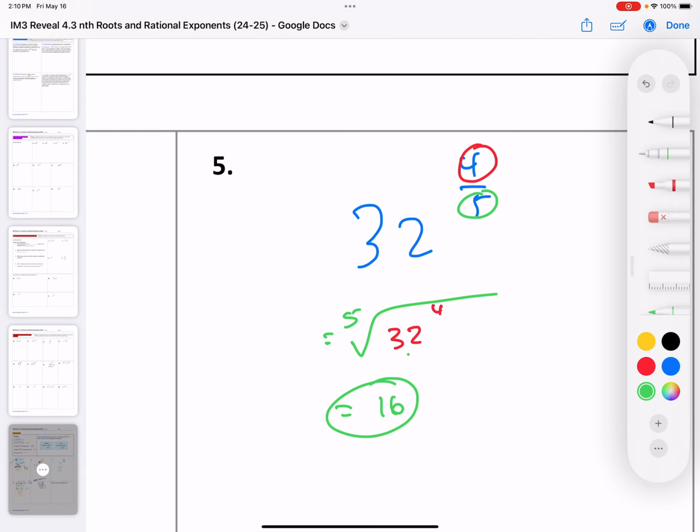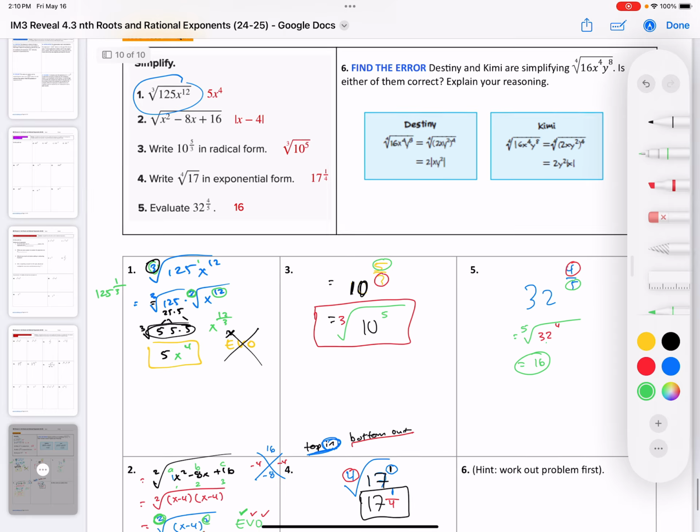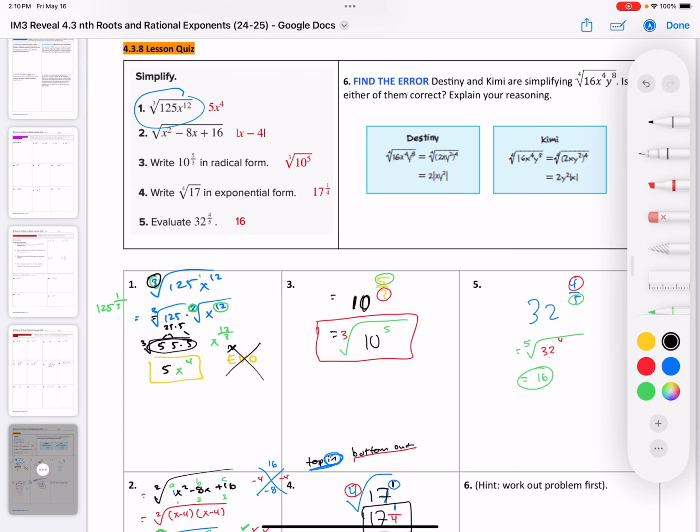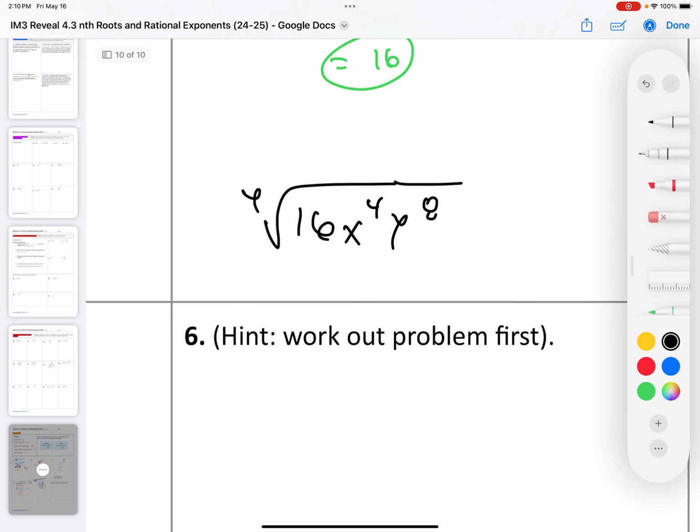Okay, sorry, I gotta go because it's the last one of the day. We are given this problem by the students. 16x to the 4, y to the 8. Okay, so you can do rational exponents. Remember, you have a missing number here.